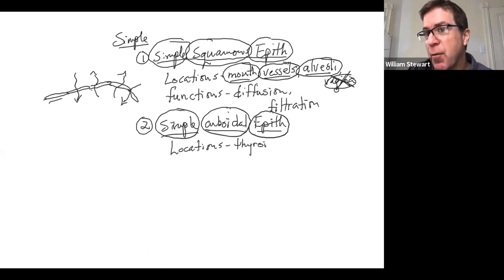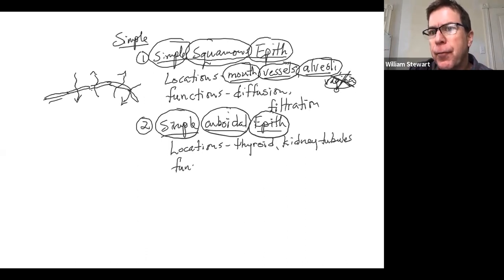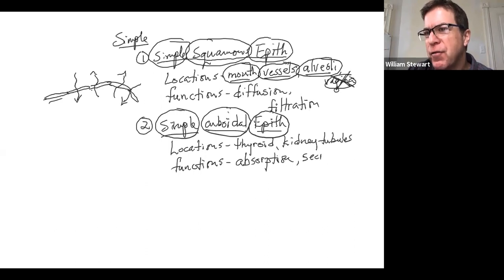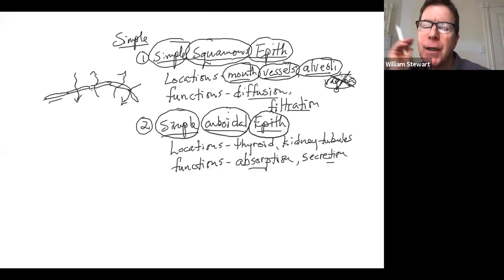I'm just giving you some examples. In the kidneys, I'm going to write kidney tubules. And functions are things like absorption and secretion. Now these words, these functional words, they almost all sound the same. Diffusion, filtration, absorption, secretion. They're slightly different.